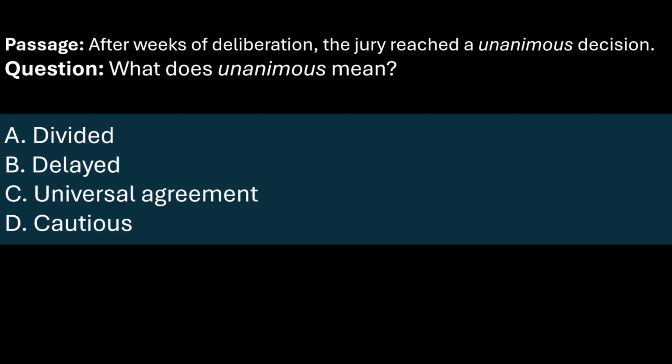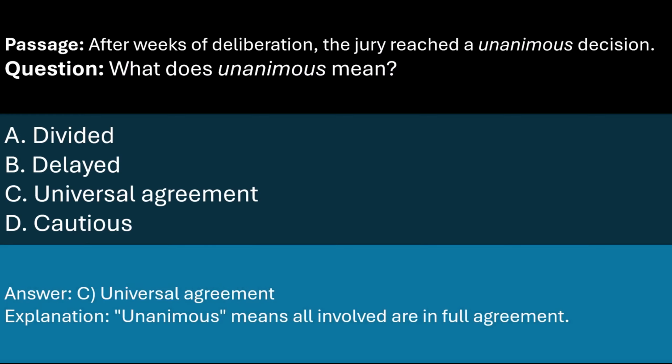I think delayed will be the right answer. Let's see. Universal agreement. So unanimous means all involved are in full agreement. So it's universal agreement. So this is the last one.